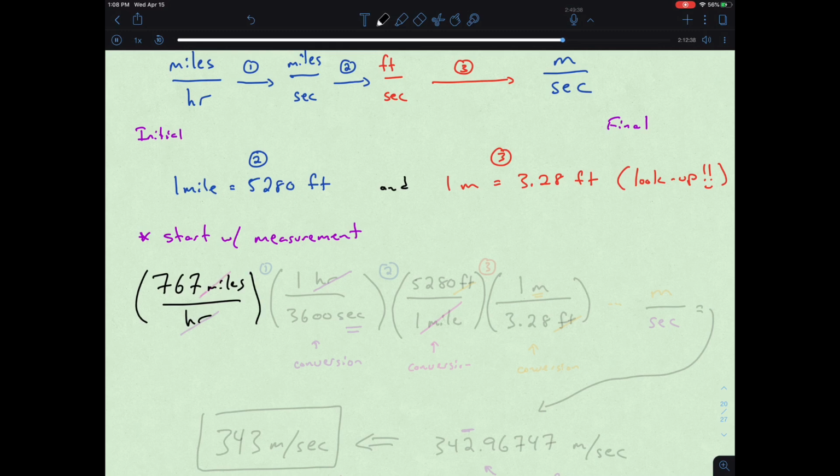And so for step 1, for every 1 hour, there's 3,600 seconds. So there's our first conversion.